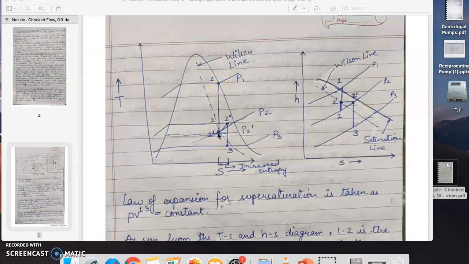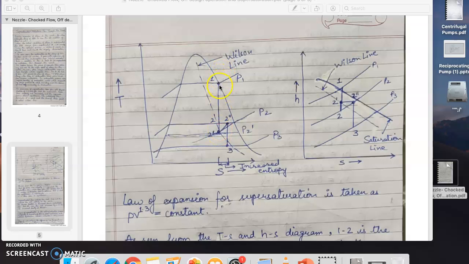But what happens during this flow is this process 1 to 2 has to undergo two things. It has to get the expansion of the steam. Along with this, as we can see, the condition of steam is continuously getting wet. What is wet?